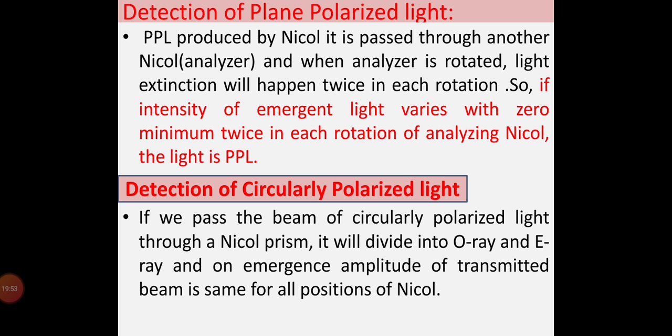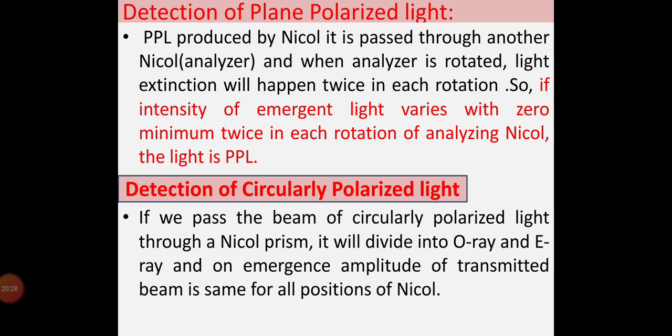So as the Nicol is rotated, there will be an extinction of light twice in each rotation of the analyzing Nicol. So if the intensity of light varies with zero minimum twice in each rotation of the analyzing Nicol, then the light is plane polarized. That is, we should get minima two times in one rotation. So this is how we can detect plane polarized light.